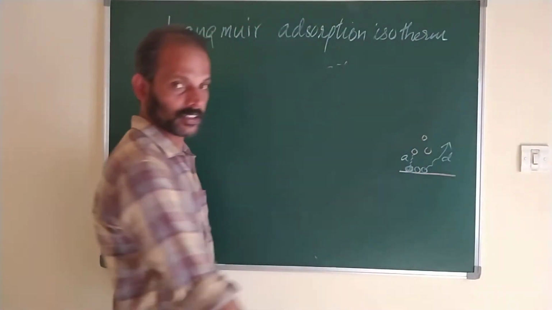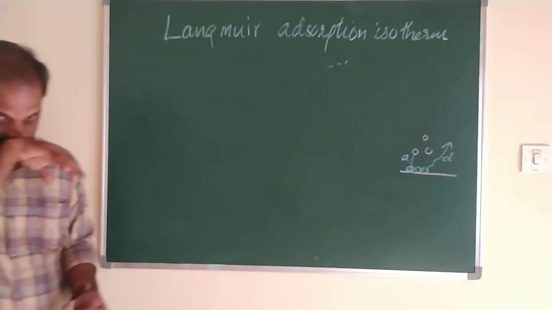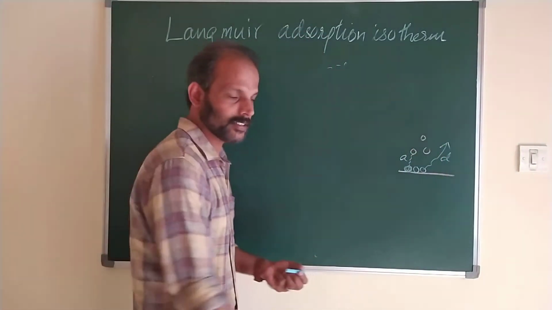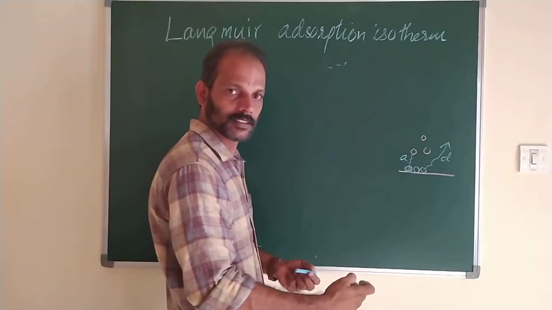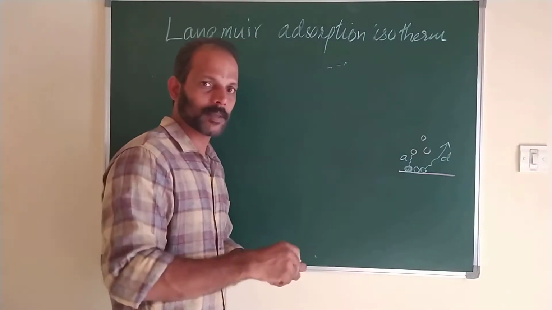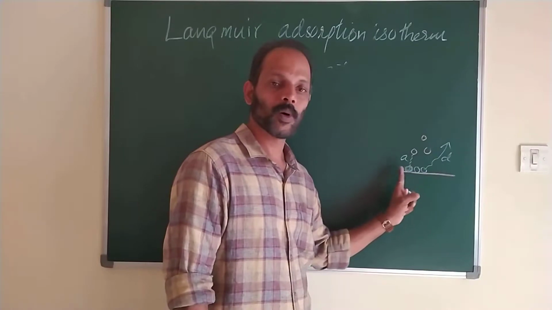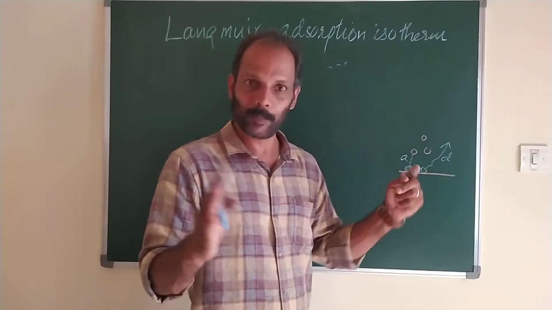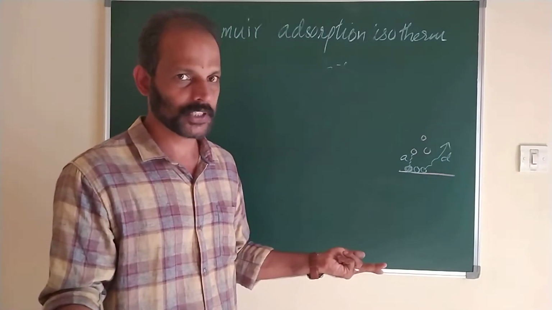So look at this figure, right? The number of molecules dissolved, that is evaporated, depends upon the number of molecules occupied, right? If there is no molecule occupied, there is no desorption.